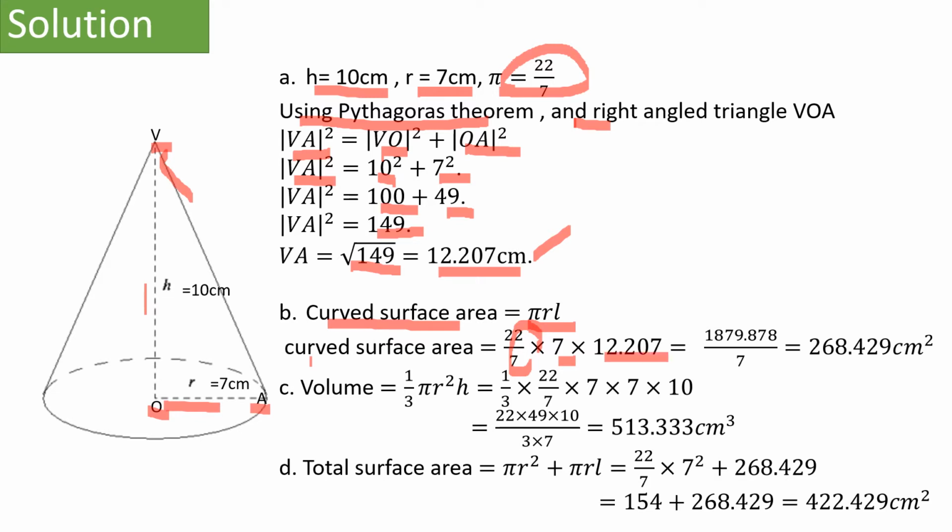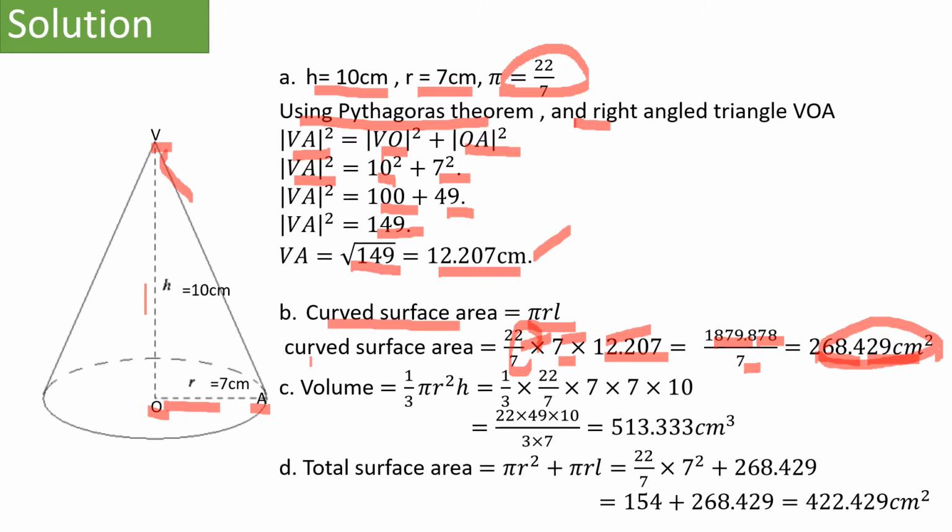So when you multiply 22 by 7 by 12.207, we'll get 1879.878/7. So when you divide, we get 268.429 square centimeters. So this is the curved surface area of the cone.